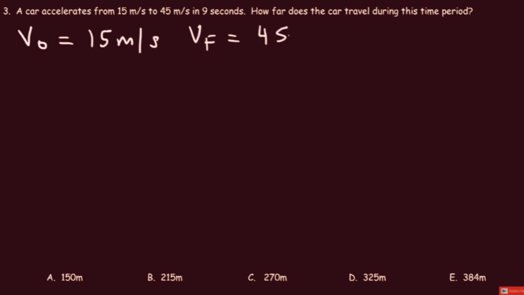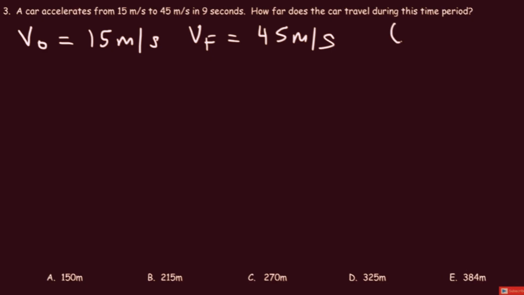We have the final speed, 45 meters per second, and the time period is 9 seconds. Our goal is to find the distance that the car travels, or the displacement. Distance and displacement are the same whenever the car travels in one direction and does not change direction.